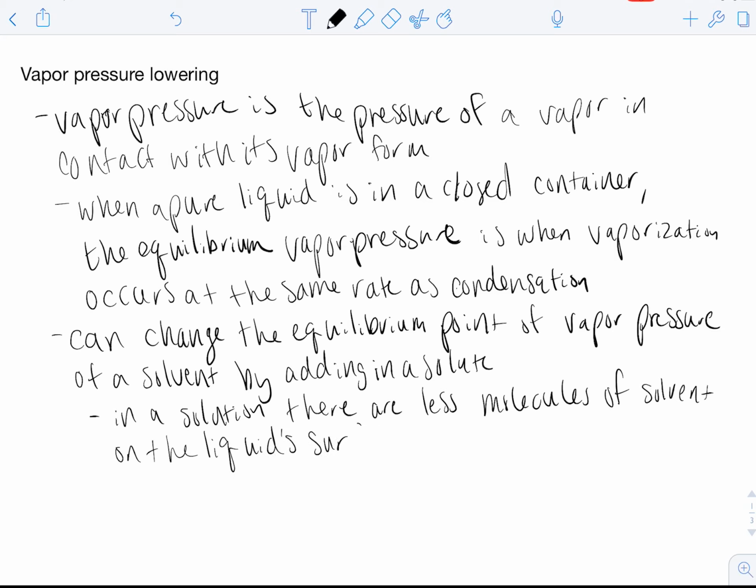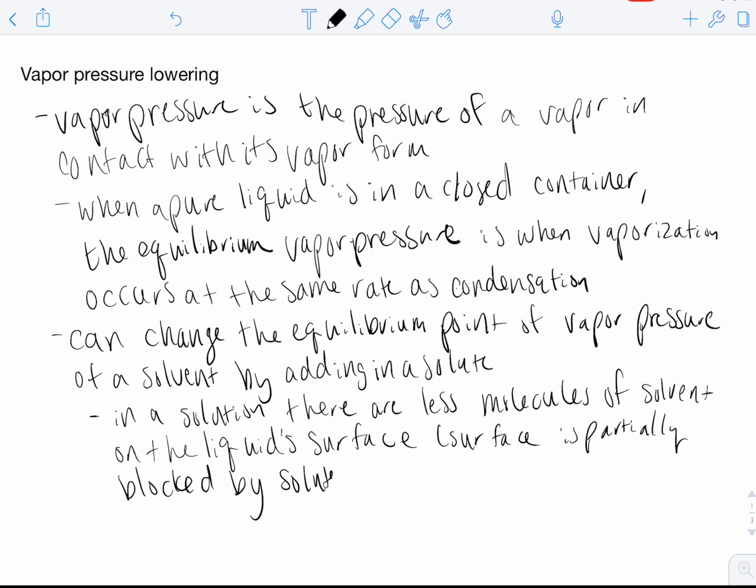And again, this is because we have solute molecules in the way. So our surface is partially blocked by solute particles.